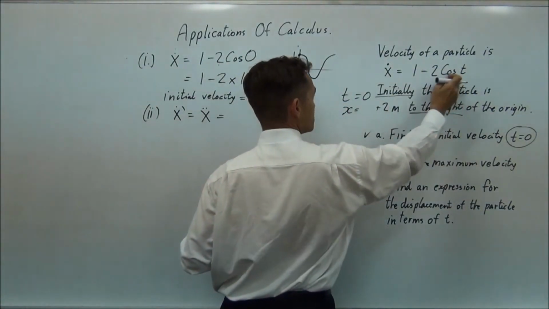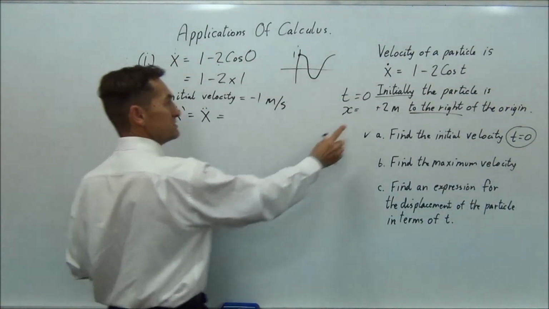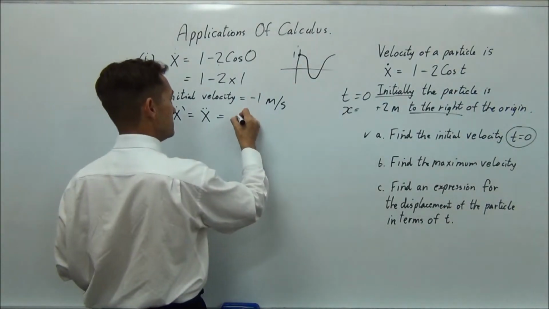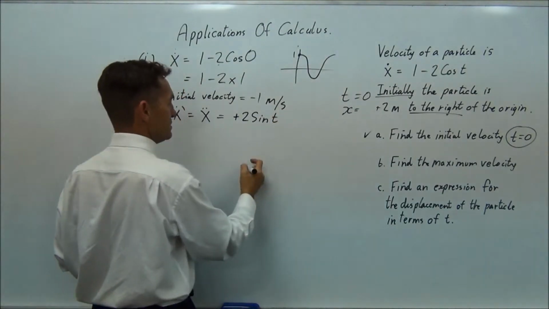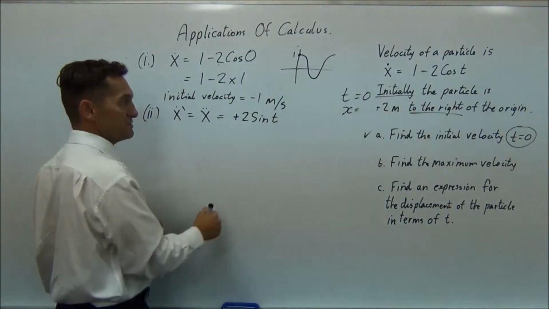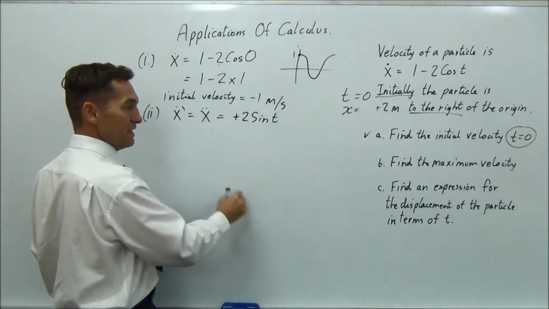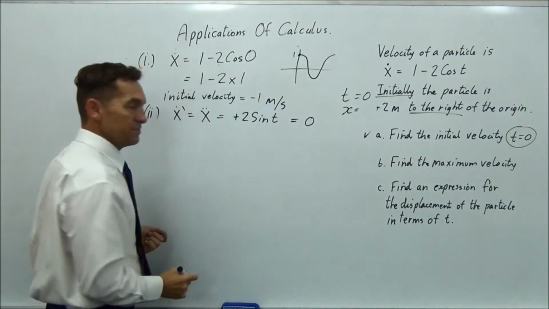Differentiate cos t, you get minus sine. So this is minus minus, which is a plus, so we're going to get plus 2 sine t. And we're differentiating with respect to t. Okay, so there's our acceleration, and we want the maximum, so we're going to put that equal to 0.